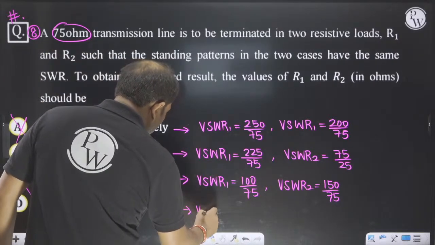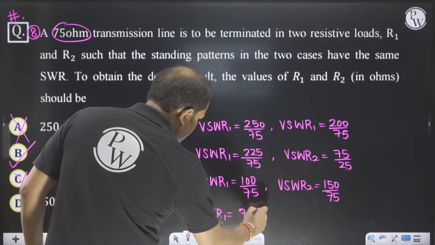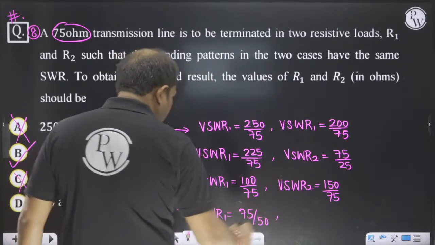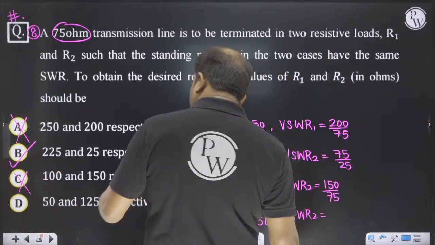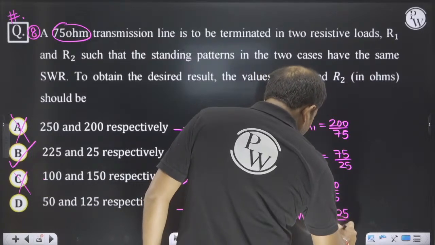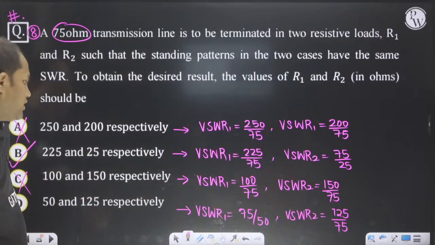VSWR1 is 75 by 50, that is 3 by 2, and VSWR2 is 125 by 75, that is 5 by 3. They are not equal. So only one case has equal values, that means option B.